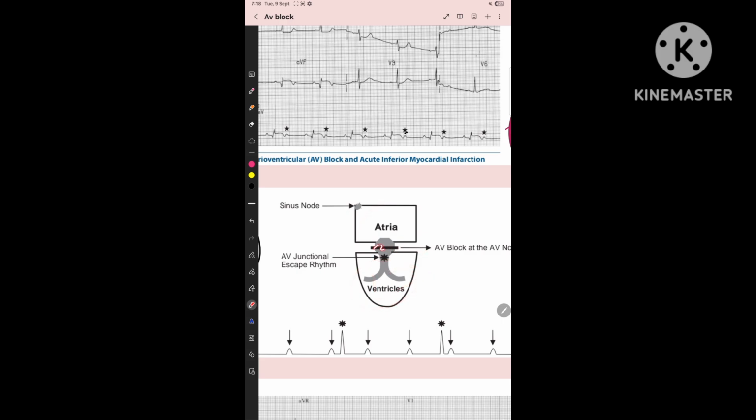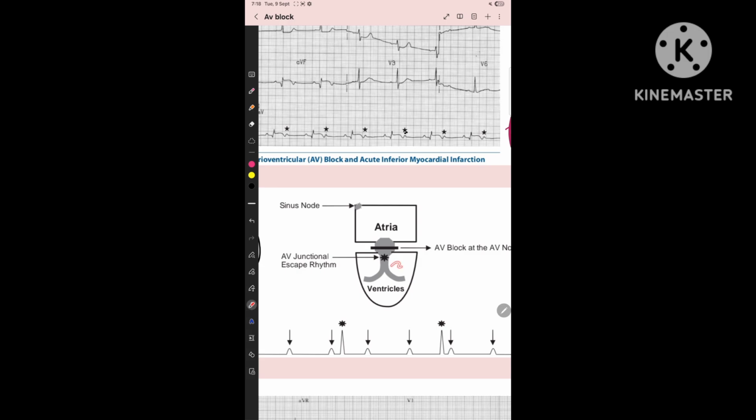If the defect is at the level of the AV node, the next impulse will be coming from the bundle of His. So the SA node rate will be 72 per minute and the bundle of His rate will be 50 per minute. But if the defect is at the level of the bundle of His, the escape rhythm will be coming from ventricular muscle, so that will be 40 per minute.